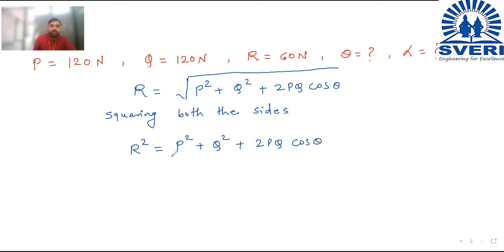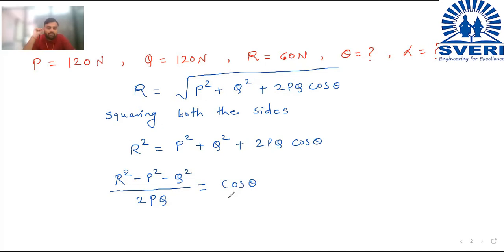Now if I send this P square and Q square to the left hand side, I will get R square minus P square minus Q square. What will remain over here is 2PQ cos theta. So I will send this 2PQ to the left hand side again, so it is divided by 2PQ, which is equal to cos theta.